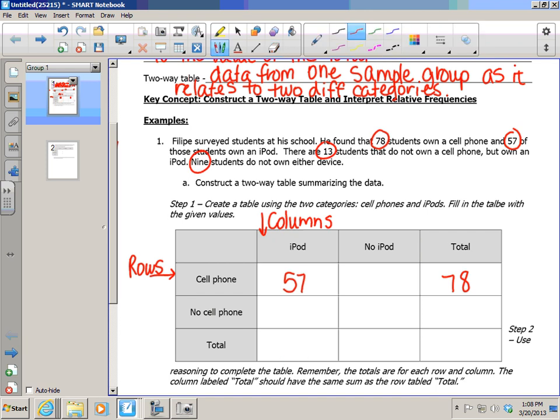We don't have a total for there yet. We have 13 students who do not own a cell phone, but they do have an iPod. We have 13 here. And then 9 students do not own either of the devices. So we have 9 with no iPod and no cell phone.